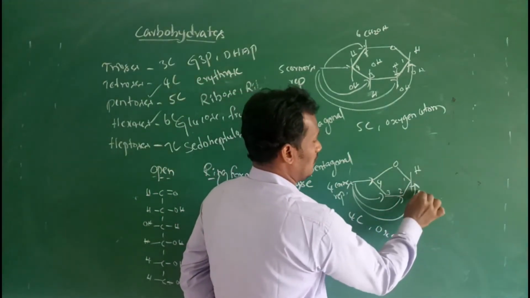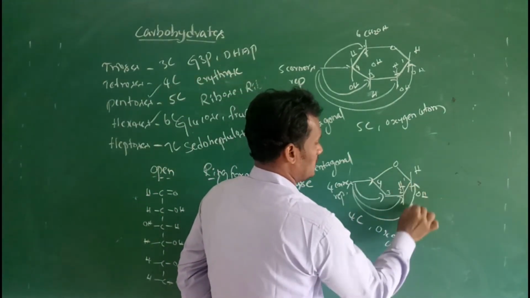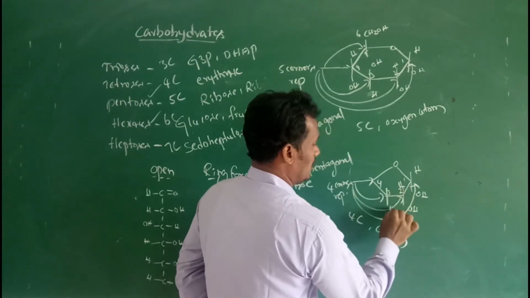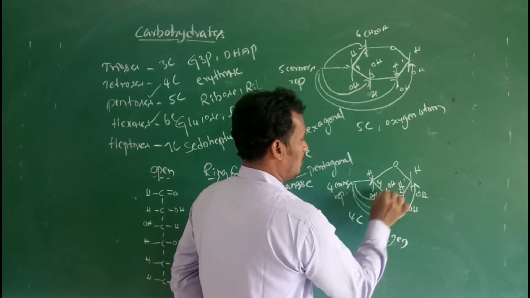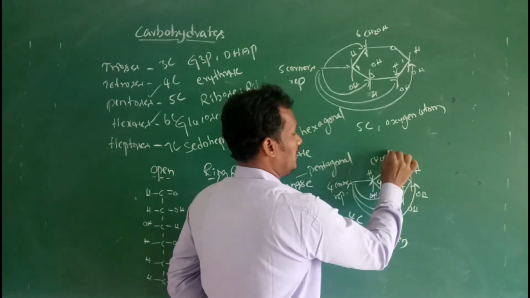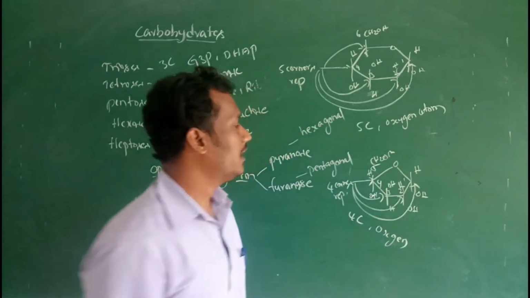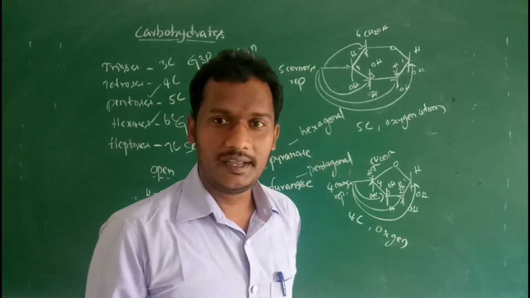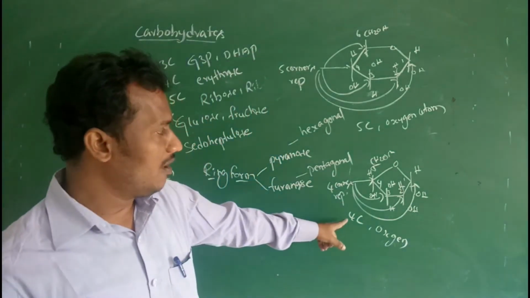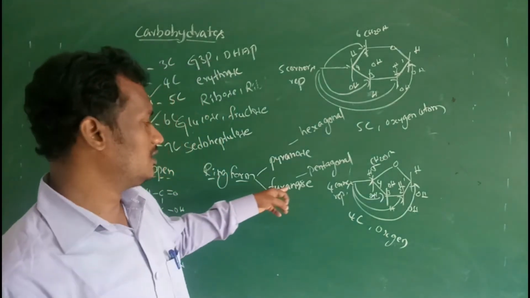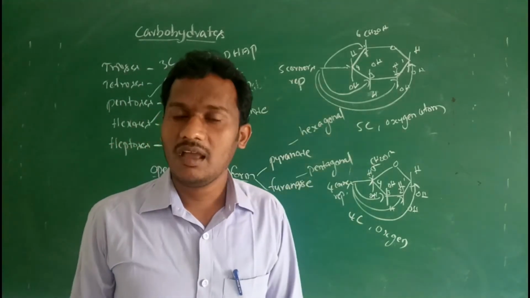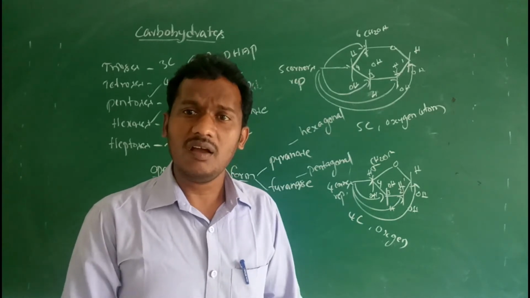Then H, OH, H, OH, then CH2OH as the 5th carbon. This contains 4 carbons and 1 oxygen atom. This type of ring form is known as the furanose ring form.